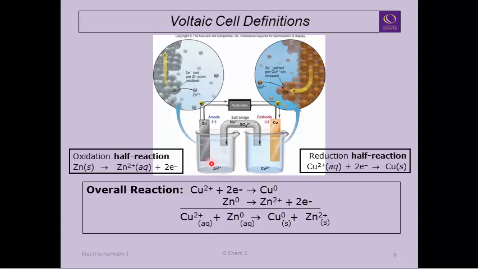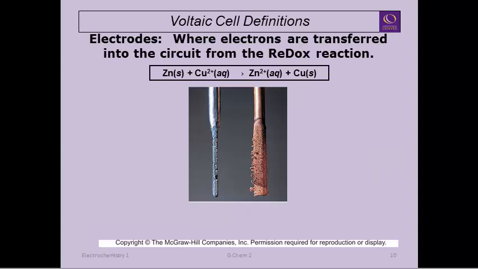Whenever zinc undergoes oxidation, it creates electrons, so that makes this plate electrically negative because there's a buildup of electrons, and then those electrons can flow across the circuit over to where there's a positive buildup due to reduction. So these little plates that transfer the electrons, those are called electrodes. That's where electrons are transferred into the circuit from the redox reaction.